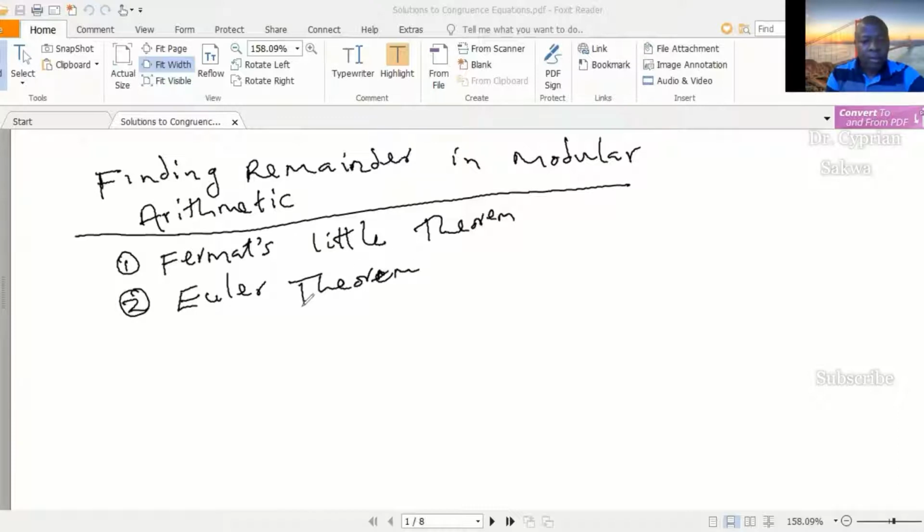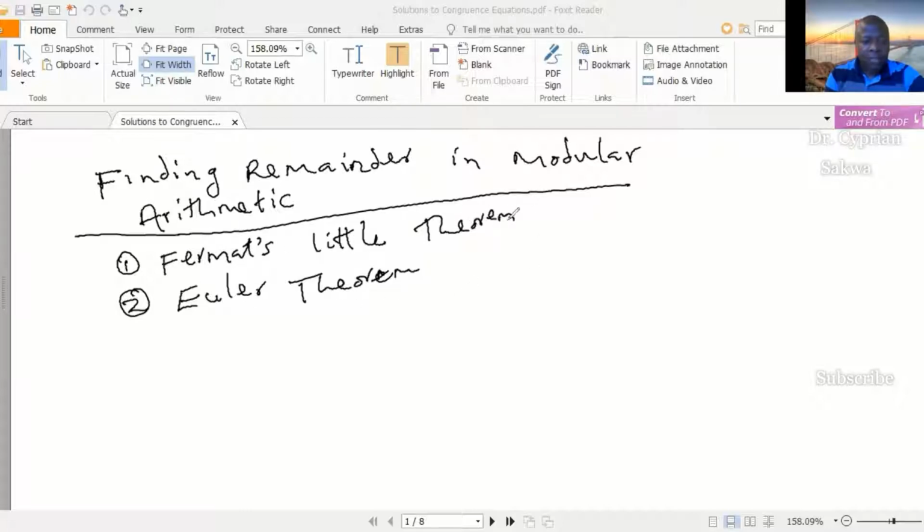And if we get a question that requires a method different from these two, then we will bring that method and do that question. But basically, the two methods that I want to use are these two.